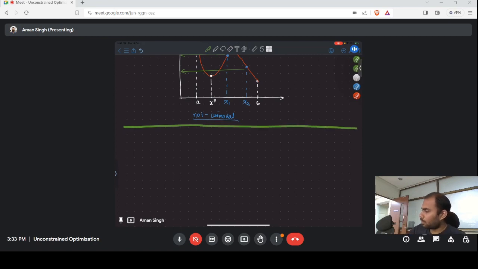Now let's look at our first type of algorithm for derivative free methods.